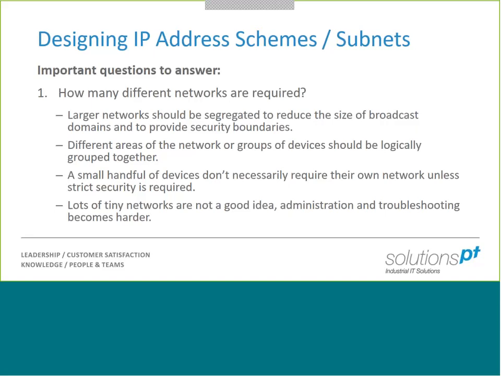Now you can imagine a large network, there's a lot of this broadcast traffic flying around, and eventually you'll get to a point where your broadcast traffic is consuming a chunk of your bandwidth, and that makes for inefficient networks. Not only that, but when we start splitting up these broadcast domains, we're adding security boundaries. So you want to look at how many different networks we actually need, and we can start grouping devices together.